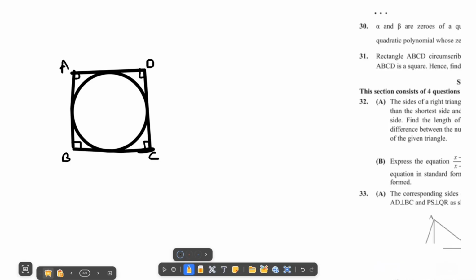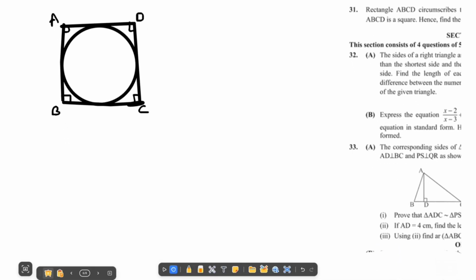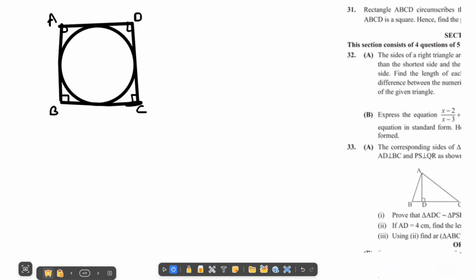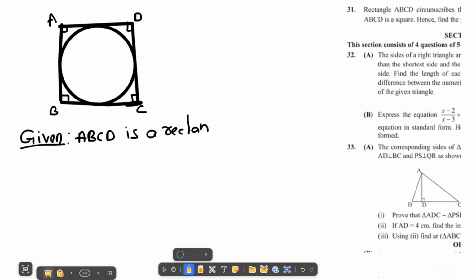The circle is of radius 10 centimeters. First of all, we have to prove it is a square. Then we can find the perimeter of the square. So first, what is given here? It is given that ABCD is a rectangle circumscribing a circle of radius 10 centimeters. So this is the first one, and the radius of the circle is 10 centimeters.